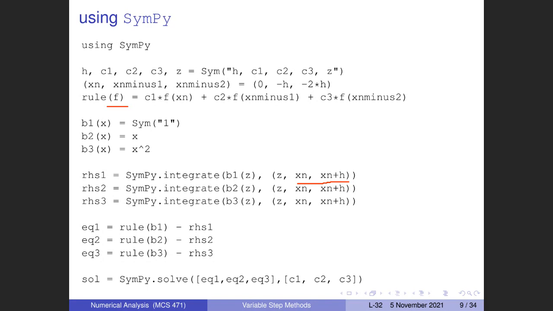So that's why we relabel. xn is where we are currently. So that's where we currently start. And then we look backwards. We look backwards minus h to minus 2h. So that is the relabeling. So we will obtain a system of 3 equations with a parameter h.